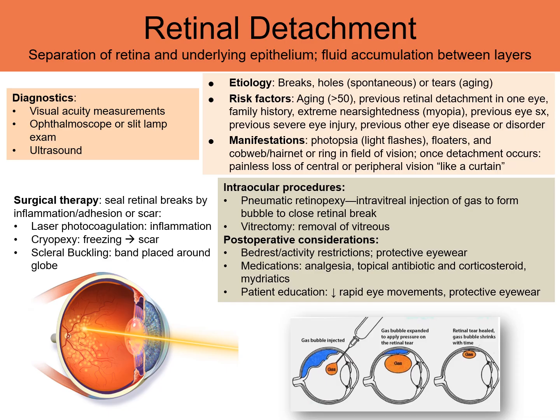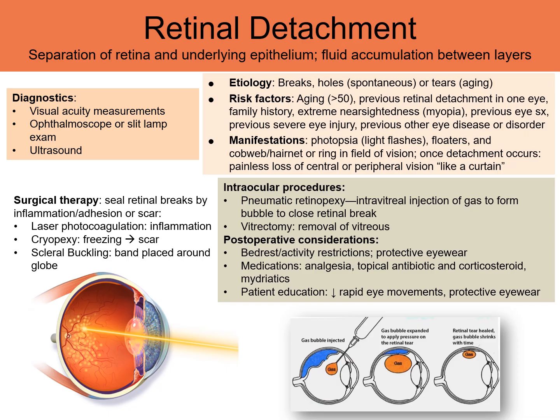Okay, so there's also a couple different things that can be done to treat retinal detachment. So we can do surgical therapy. So this is where they use our own body's way of healing. So laser photocoagulation: they put the laser in and they're intentionally causing inflammation, and that inflammation seals that hole, makes a scar, and that's what they're pretty much using to seal up the hole that caused the retinal detachment.